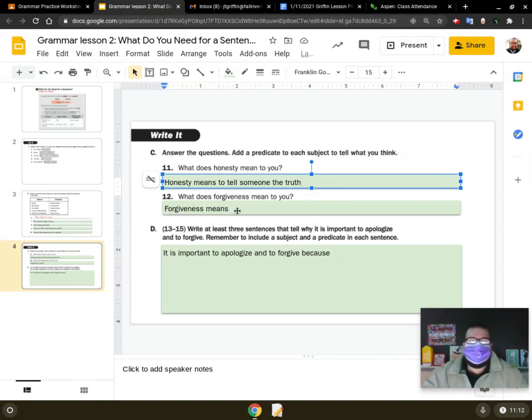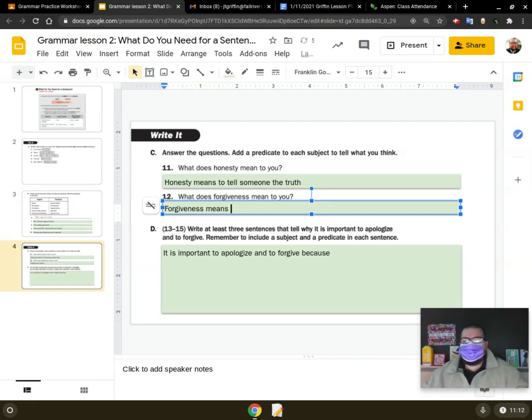Awesome. So what does forgiveness mean to you? Forgiveness means? To forgive someone who said or did something that hurt you. To accept an apology from someone who does you wrong.